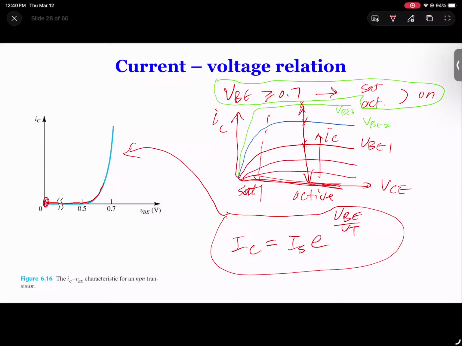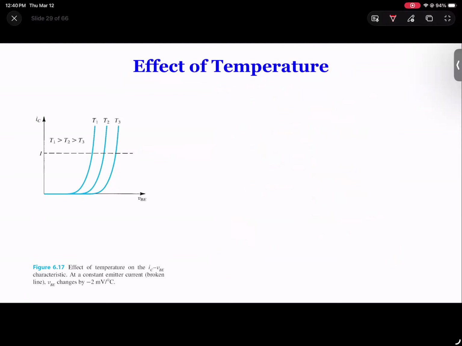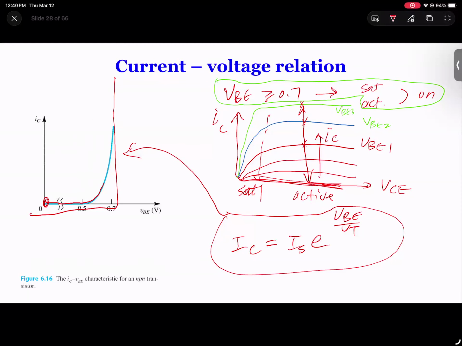This helps you understand that IC as a function of VBE changes a little bit. But if we want to get an approximation, this is what we do. VBE is determined by the external circuit. That's the real device operation.